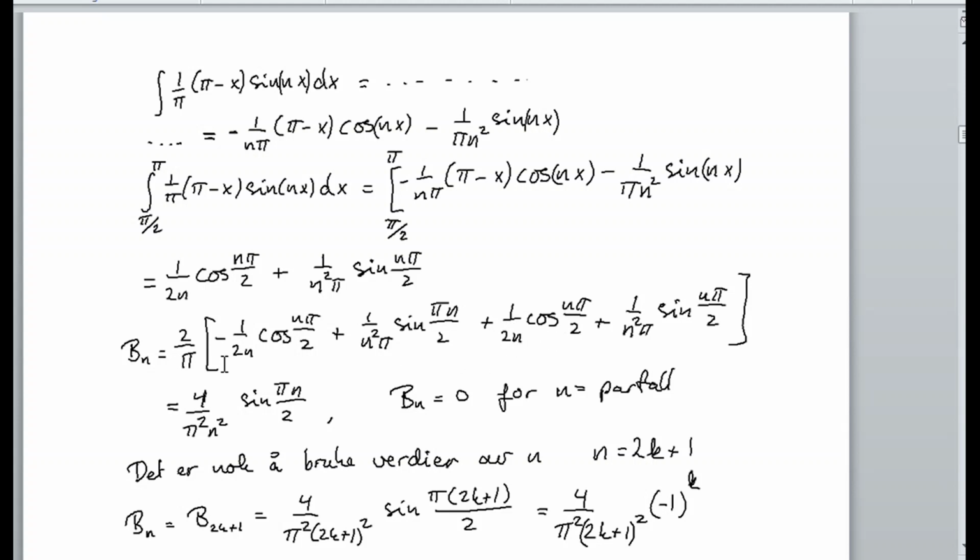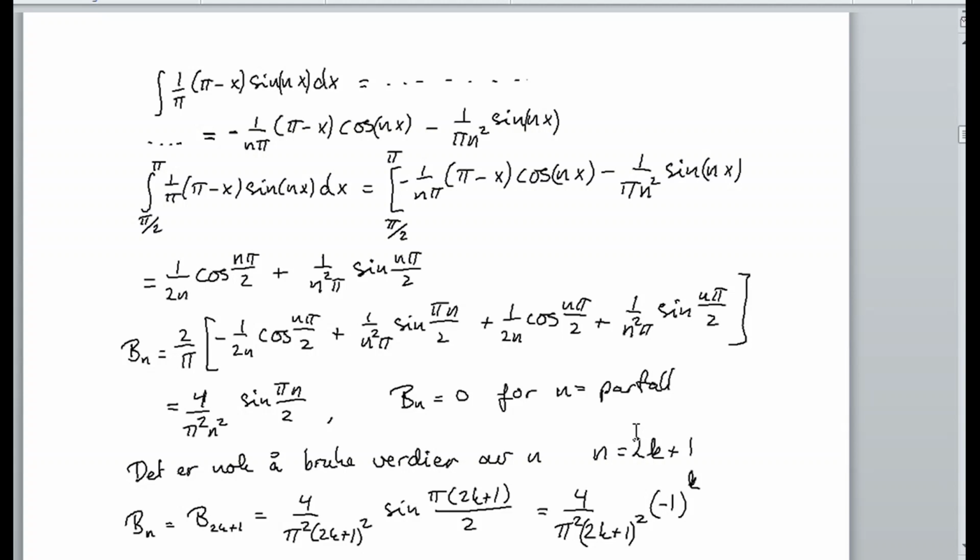And so when we do this, we find this simple expression for b_n. And b_n is 0 for all even values of n. Therefore it's enough to use values of this form, because when b_n is equal to 0 for all even values of n, we only have to use n values which are odd.